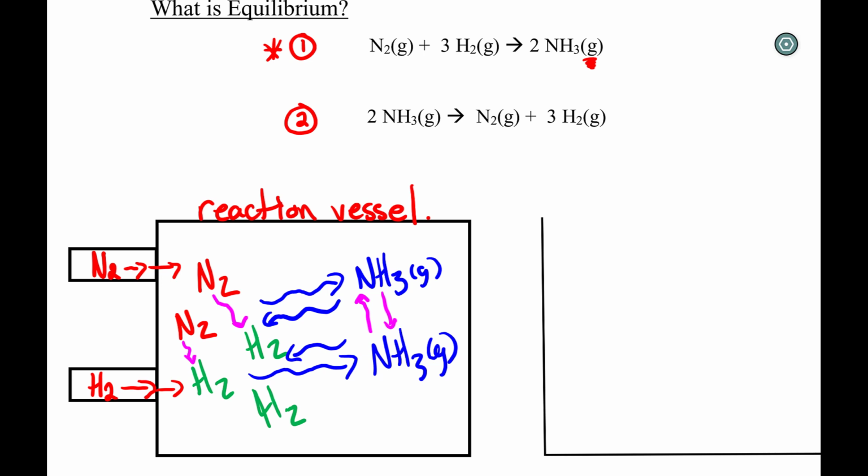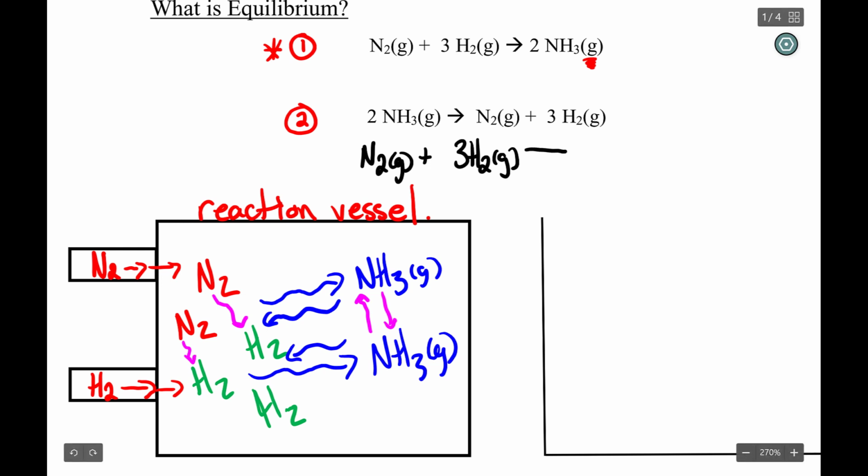Now, how we actually would express this would be like this. I would have nitrogen gas and hydrogen gas, but rather than a single arrow forward, it's an equilibrium arrow. The reaction is going forward and the reaction is going reverse. So this would then make 2 NH3 gas.